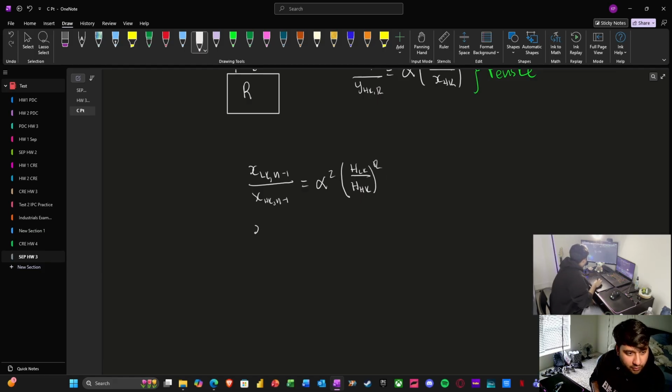And we're also going to look at our distillate. So in terms of our light key and heavy key, we have our alpha to the n, and we're going to have our LK over our HK.